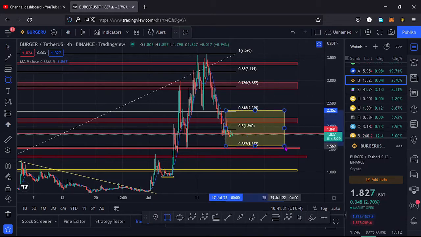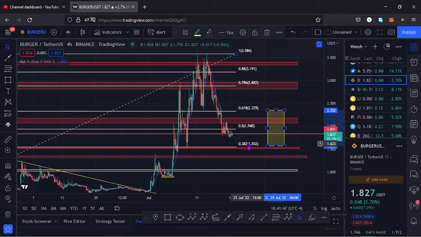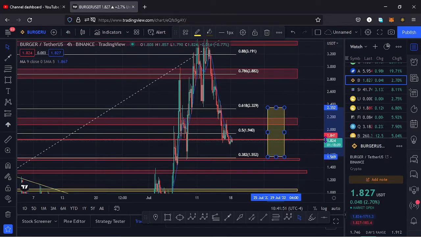And you can see that the price of Burger has done that. It has respected the Fibonacci's. We have come down to around the 0.5 Fib level and went even below that. We even broke below a key area of support down here at around the $1.84 mark. And at the moment we are trying to push to the upper side.